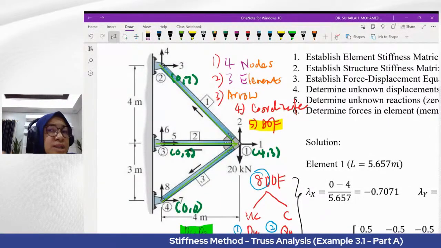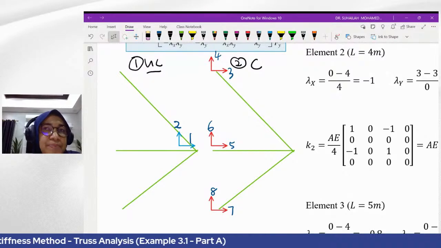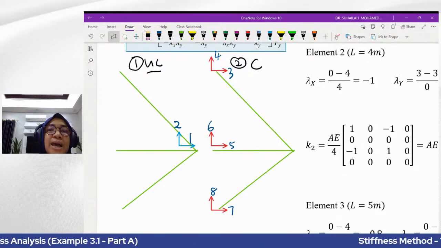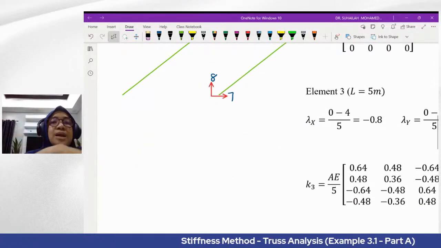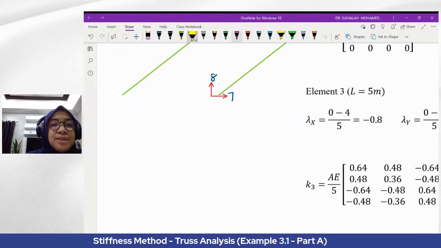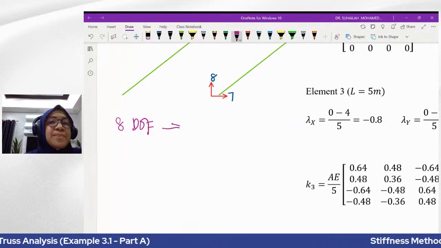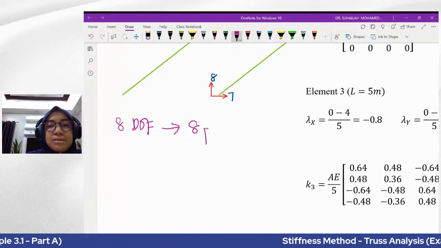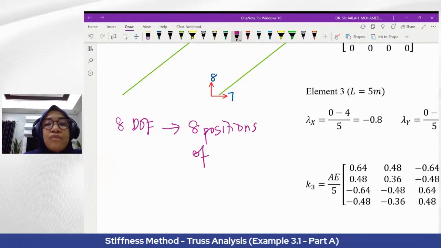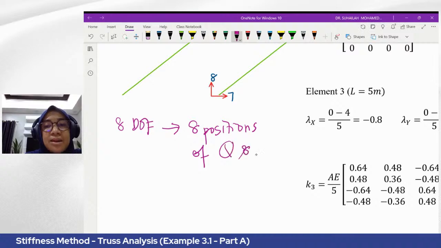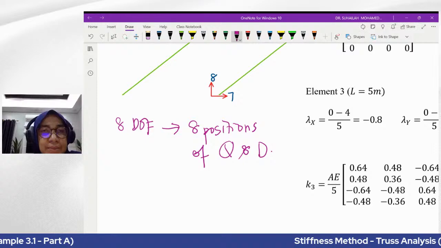But if they are not given, you have to do like what I am showing. And 8 degrees of freedom represent 8 positions. 8 positions of what? Of Q and D.